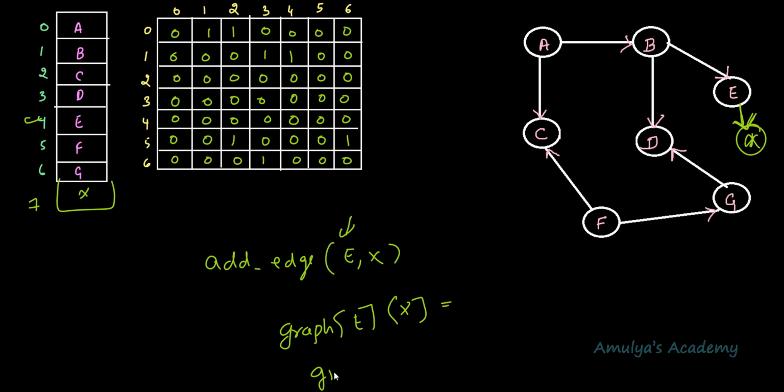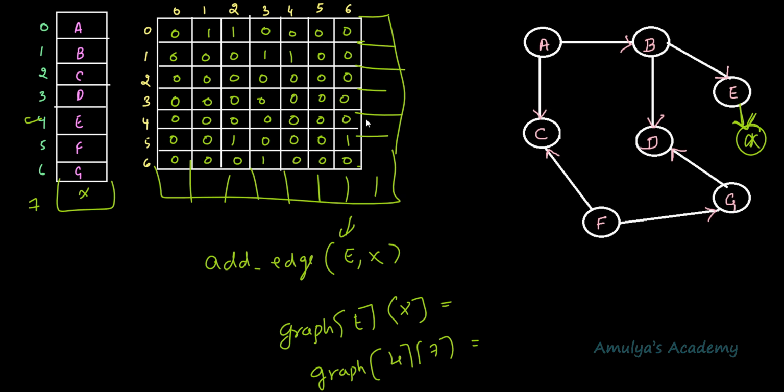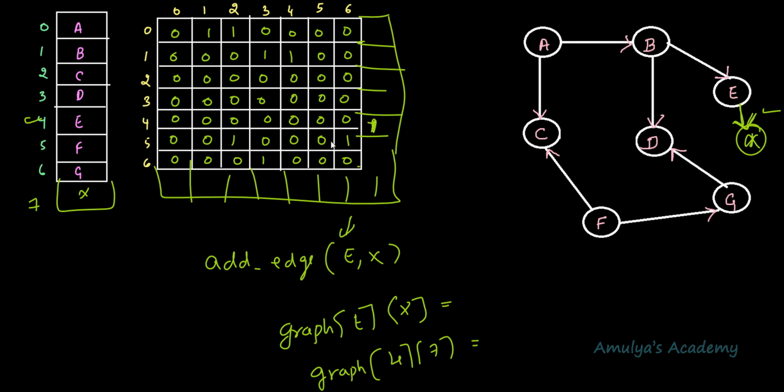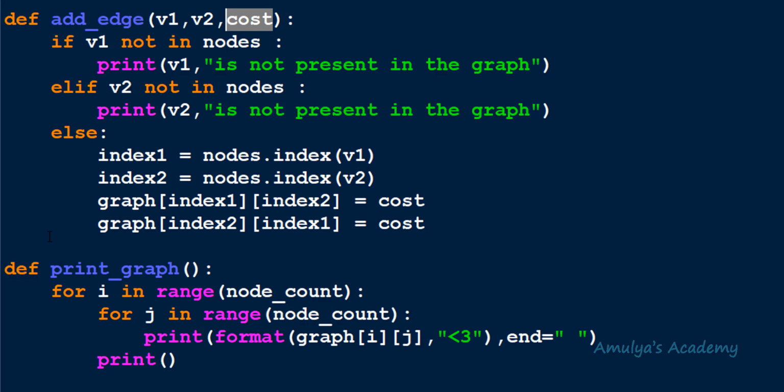So here graph of 4th row 7th column, that is 4th row 7th column, here you need to add 1. If this is not a weighted graph, but it is a weighted graph, then you need to add the weight of the edge. Here we need to do the changes in the v1th row v2 column. No need to do any changes in the v2th row v1th column. That is because there is no edge from this to this. So that's why this is not needed.